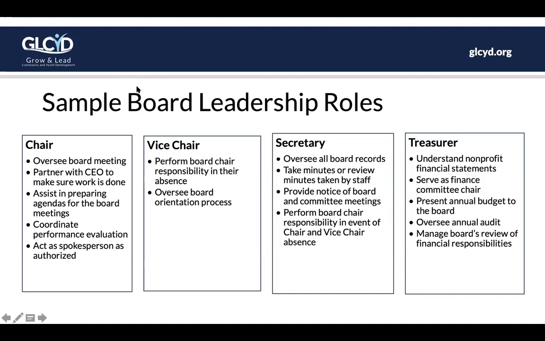They can present the budget to the board. They may oversee the entire audit process as the board representative, and they're going to look at those financial policies and responsibilities and make sure that they're up to date and the board is aware of them and abiding by them. So those are some of our common leadership responsibilities.